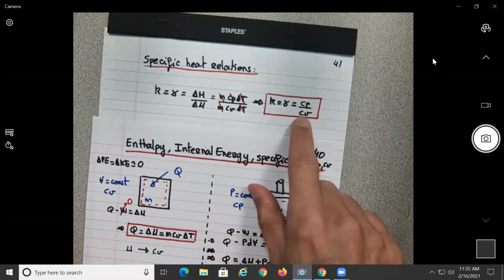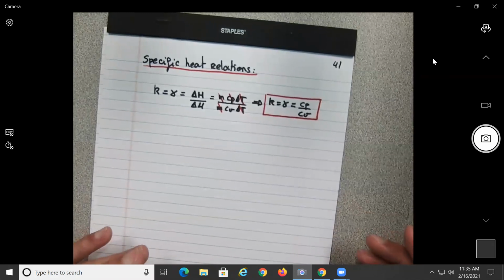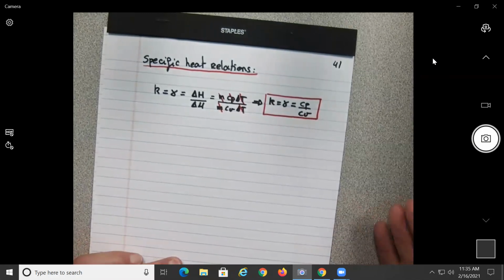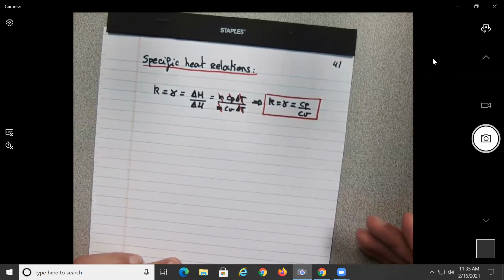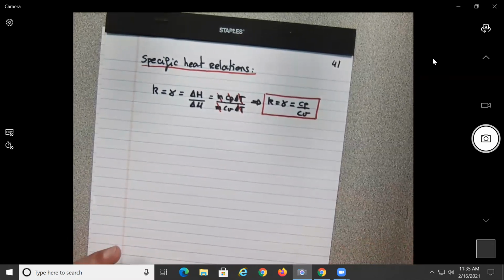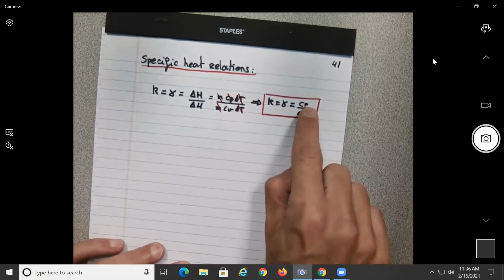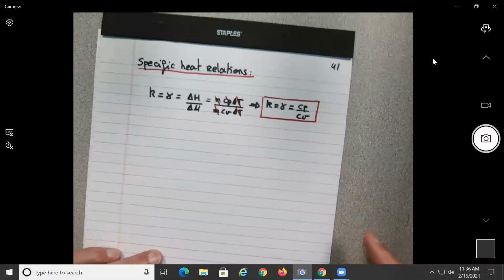The value to get the Cv is how much energy you need to put in to raise 1 kilogram or 1 gram of substance by 1 degree in 1 second or something like that, or 1 minute. So it's a ratio, no? That's what they call specific heat: the amount of heat you need to provide, at constant pressure or constant volume, to raise the temperature 1 degree Celsius.